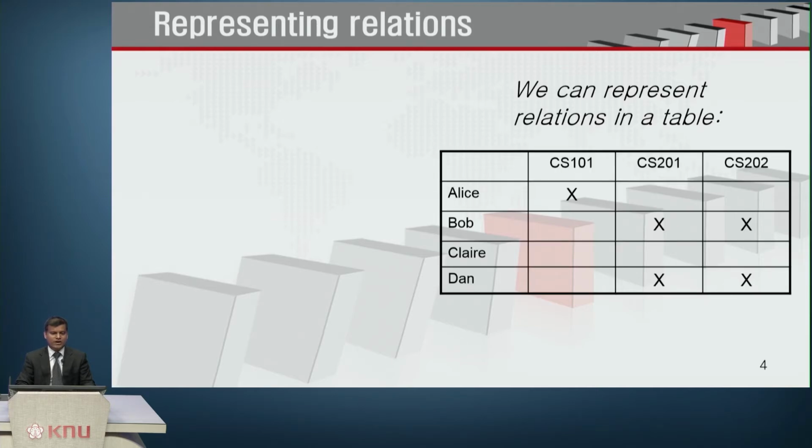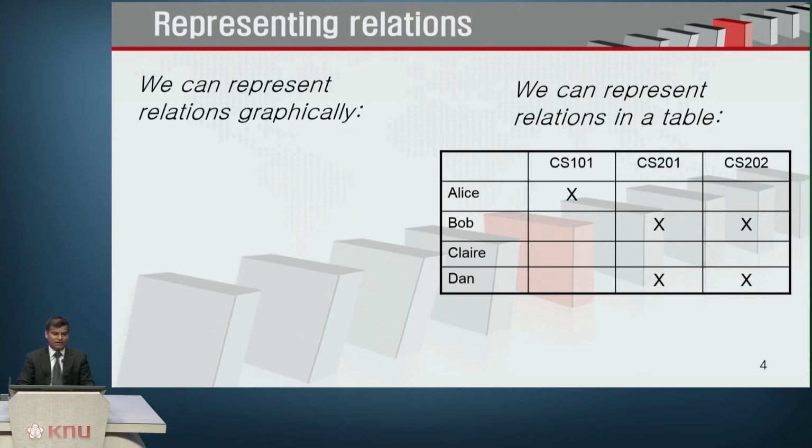We talked about this relation where Alice is taking CS 101, Bob is taking two courses, CS 201 and 202, Dan is taking two courses, CS 201 and 202, whereas Claire has no relations. In other words, she is not taking any of these courses offered. Let's try to map these graphically and see their relations.